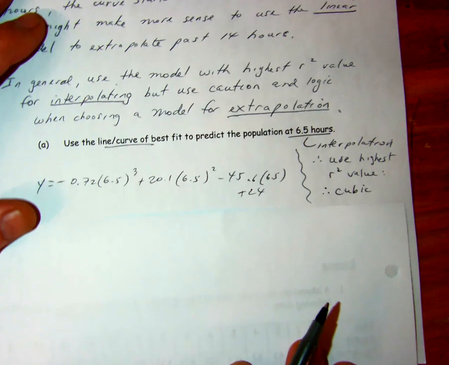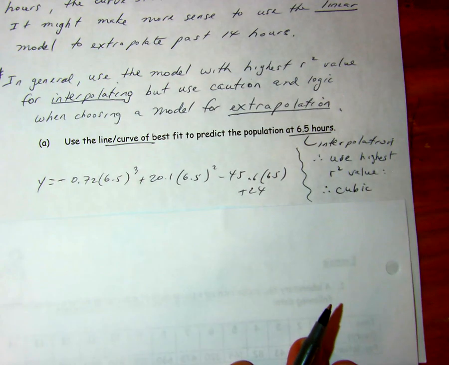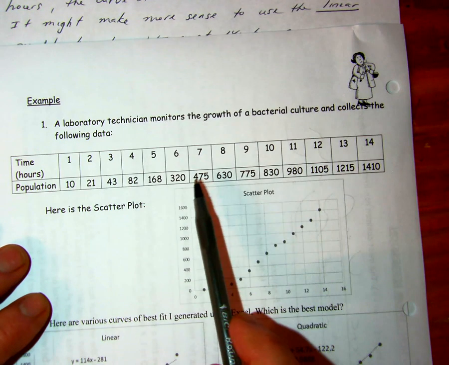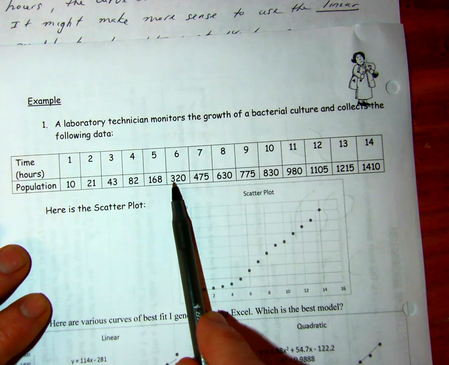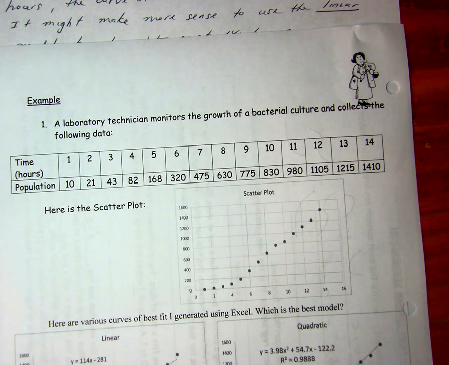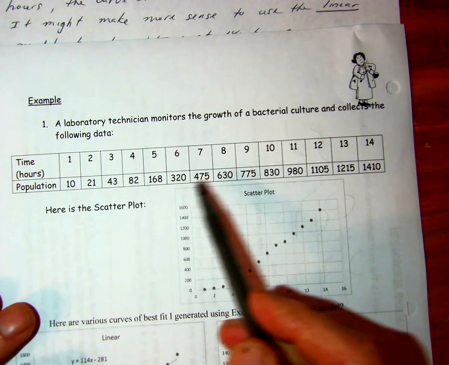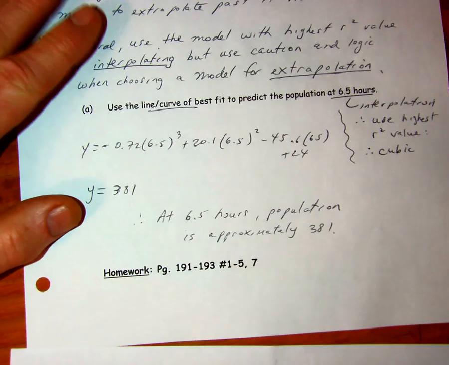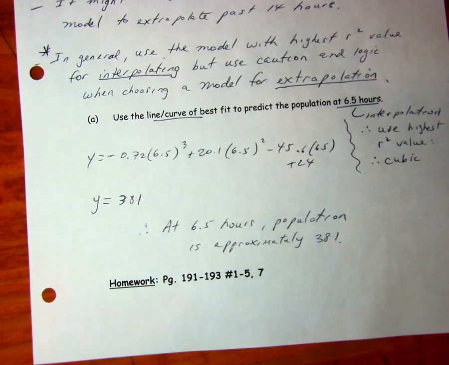We just punch it in, get our equation, sub in 6.5 hours, and look at what we're expecting. Between 6 and 7, we're expecting a number between 320 and 475. So what would you expect? 370, 380, 390, somewhere in there. And if you do the model, you end up at 381, and that seems reasonable.